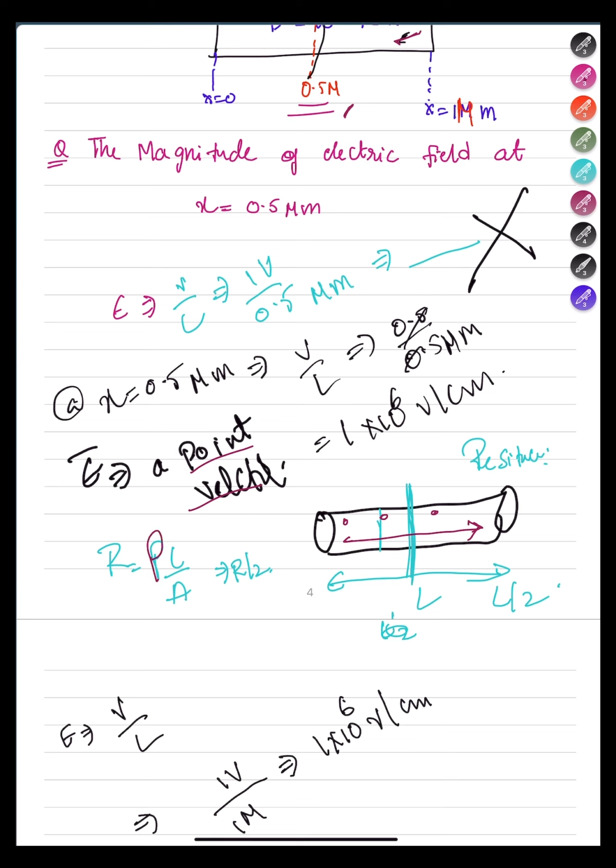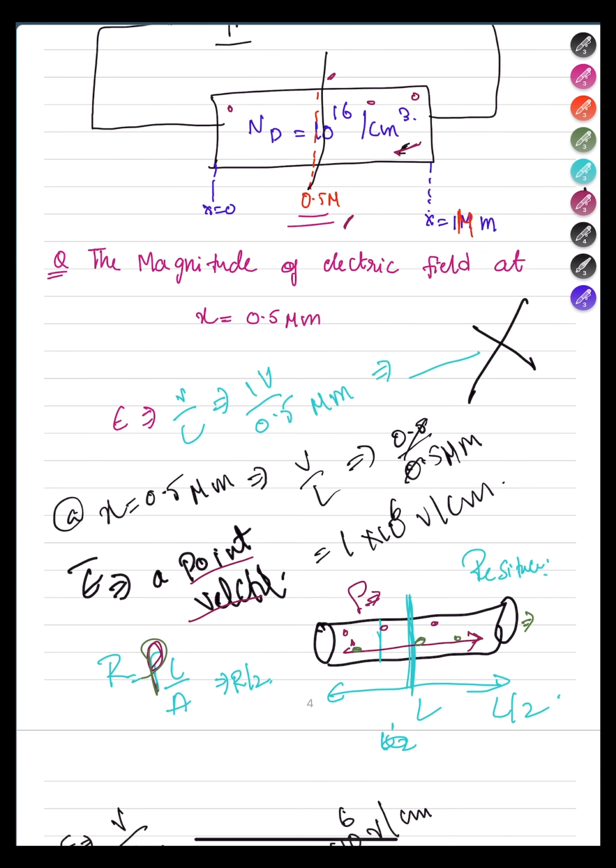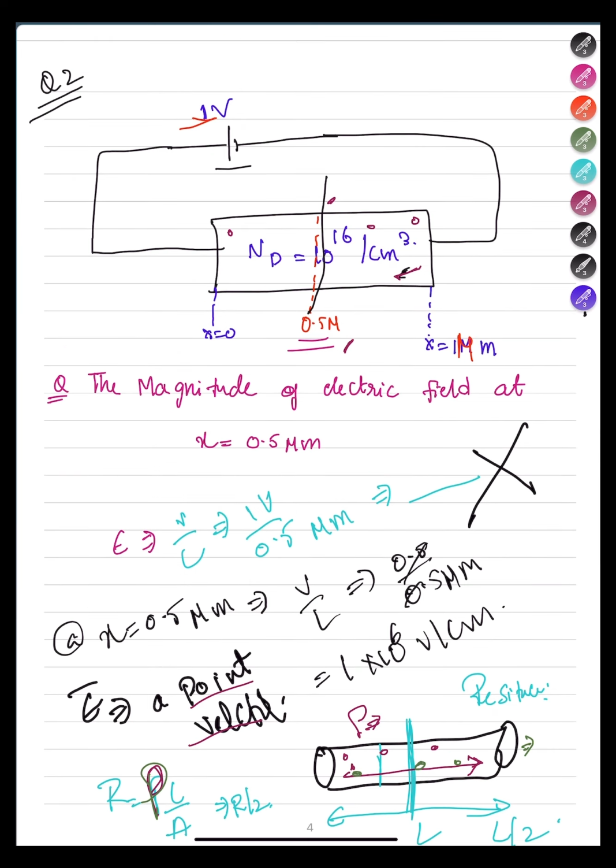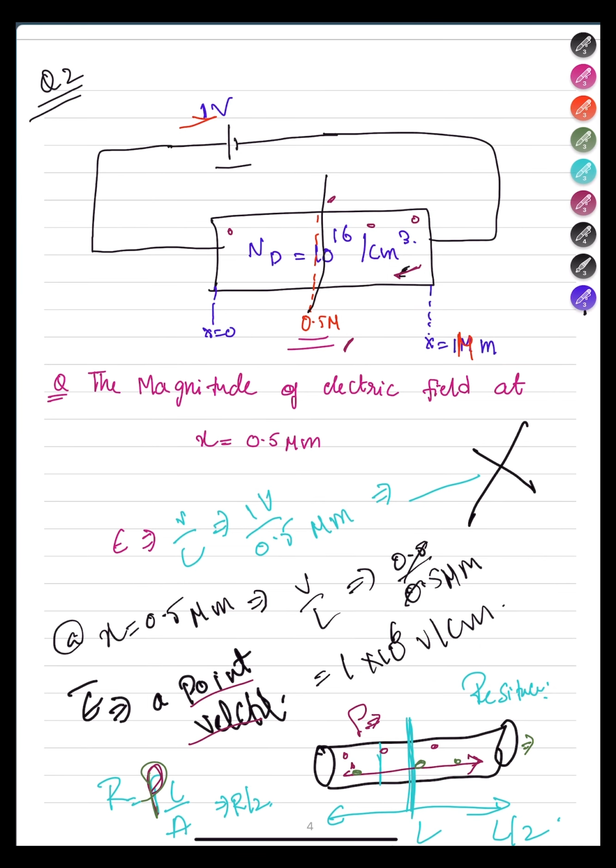Rho, like the electric field, is a point quantity, and rho along the length of the wire is the same. So that's what I want to convey from this sum.